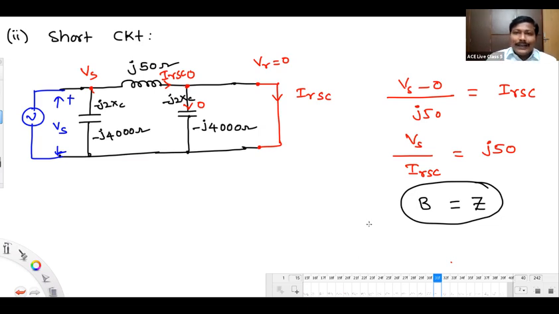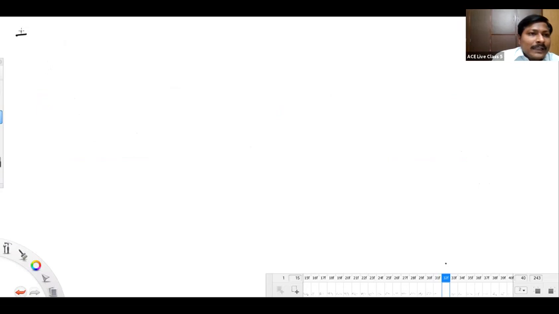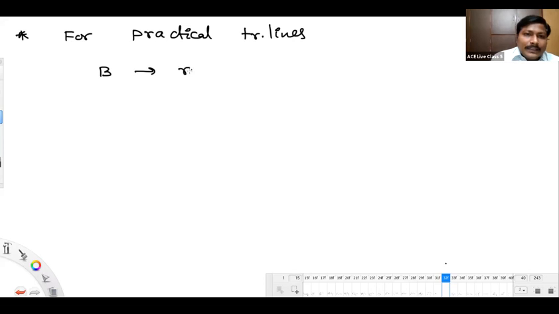Okay, so I'll write the comment now. For practical transmission lines, parameter B represents the series impedance, and parameter C represents the shunt admittance.